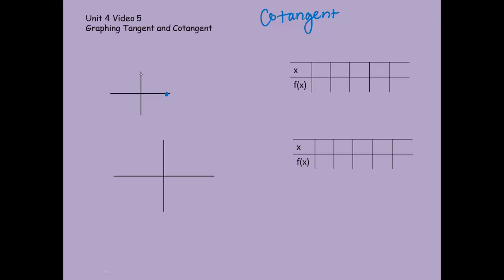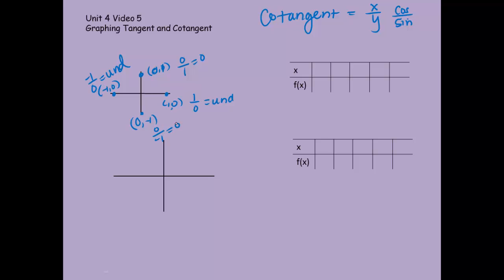If we were to look at all of our values once again, that's 0, 1, and then negative 1, 0, and 0, negative 1, we will find that for tangent to be x over y, or cosine over sine, we end up with 1 over 0, or undefined, 0 over 1, or 0, negative 1 over 0, or undefined, and 0 over negative 1, or 0.